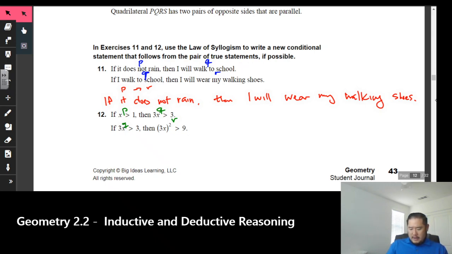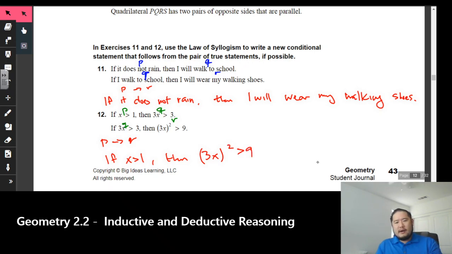So finally, we connect all the things together. Remember, it goes from P to R. And so I can say that if x is greater than 1, then (3x) squared is greater than 9. All right, and there is the law of syllogism.